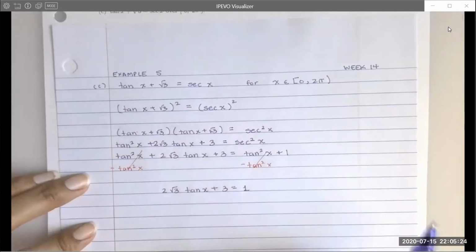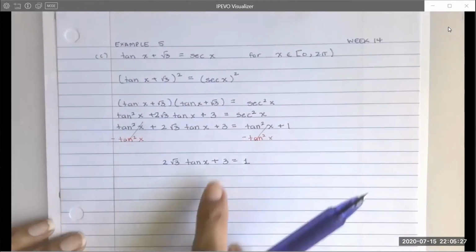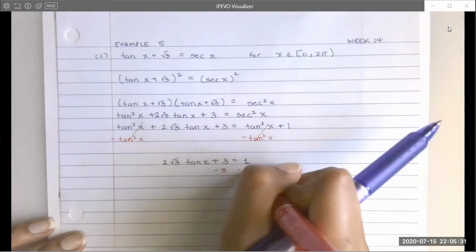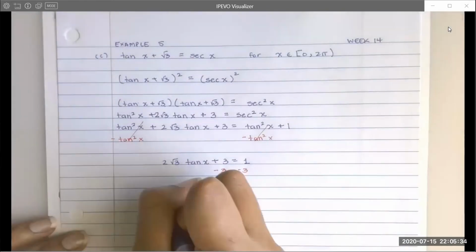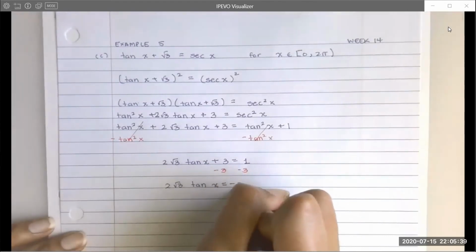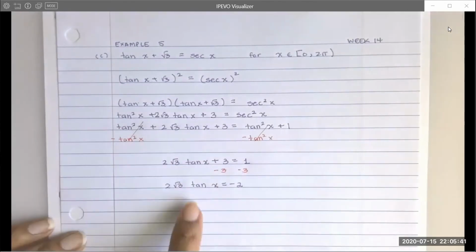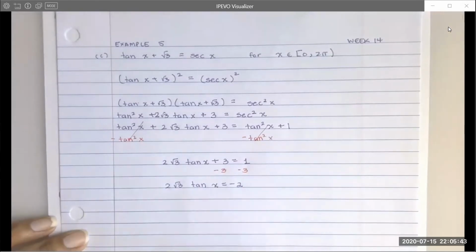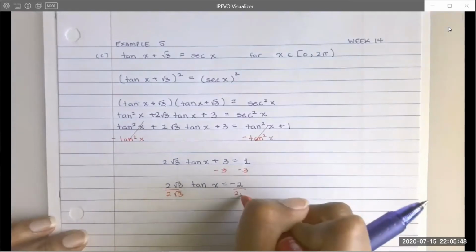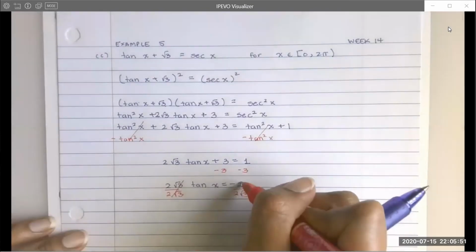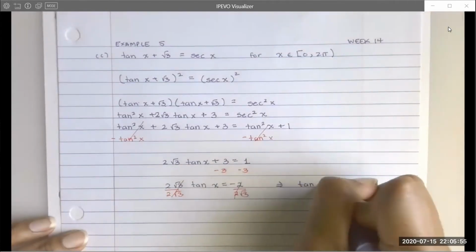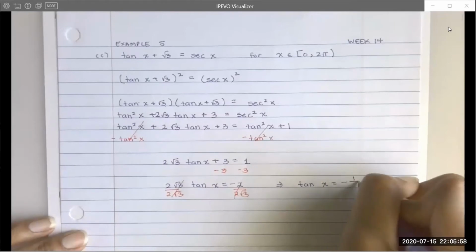I can subtract the 3 from both sides, and we get 2 radical 3 tan x is equal to negative 2. We can divide both sides by 2 radical 3. These cancel, and we end up with tangent of x is equal to negative 1 over radical 3.